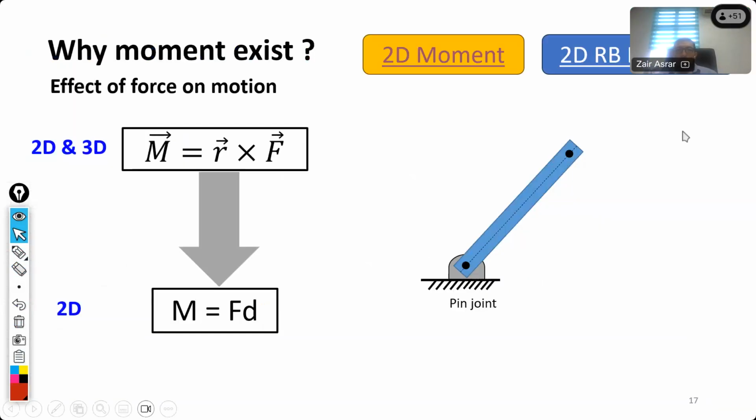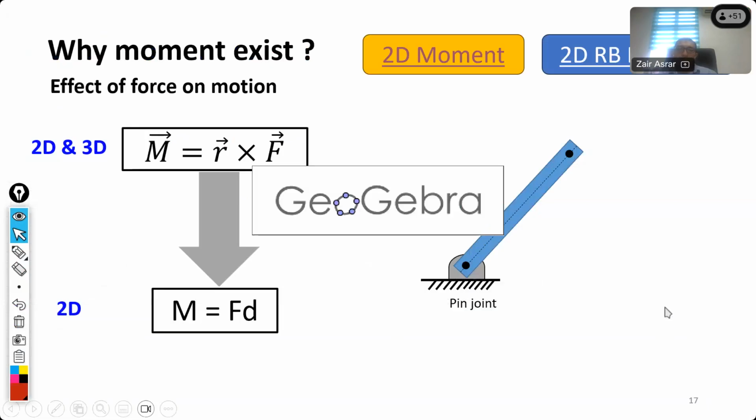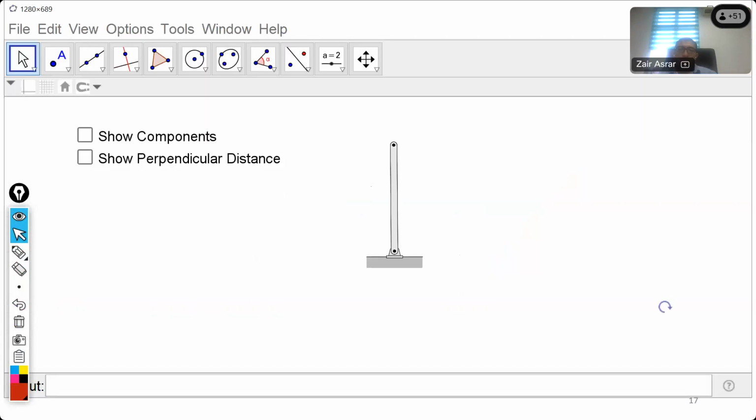Let's look at a rigid body. So now we have a rigid body. What is our rigid body? This bar here, AB.